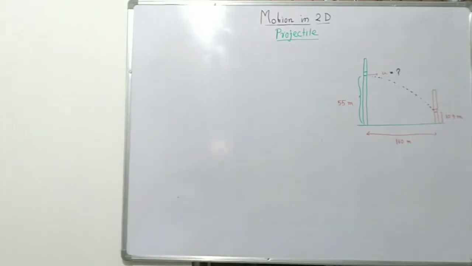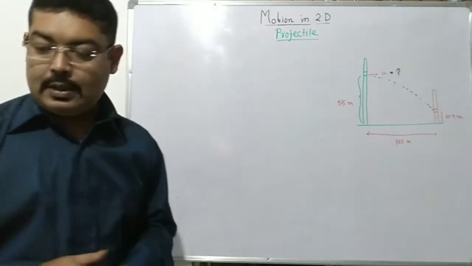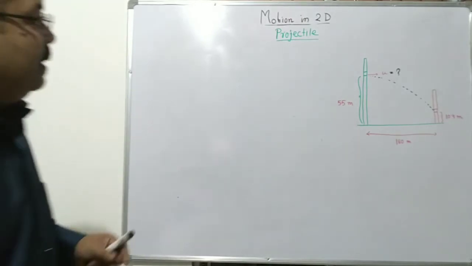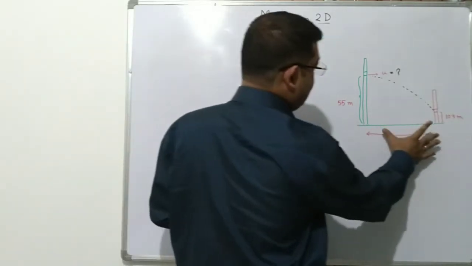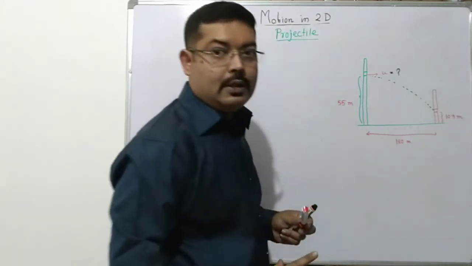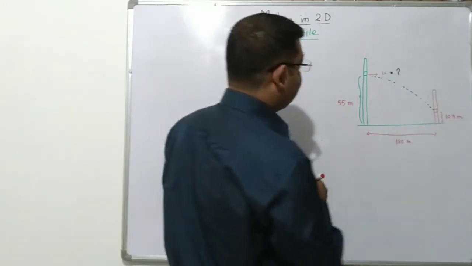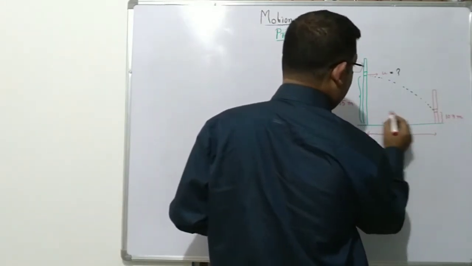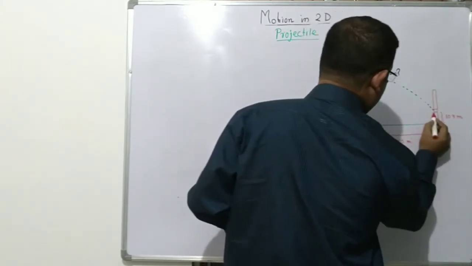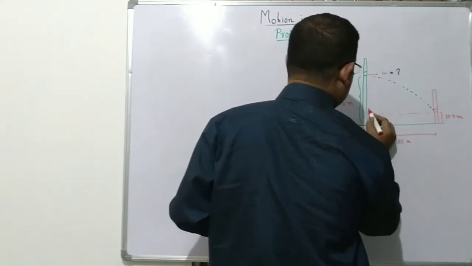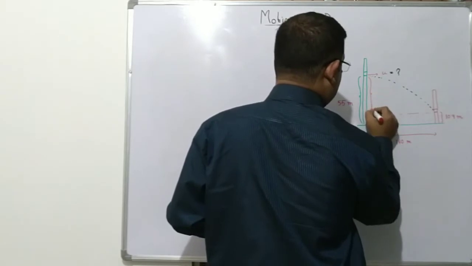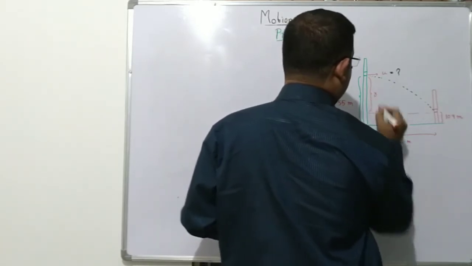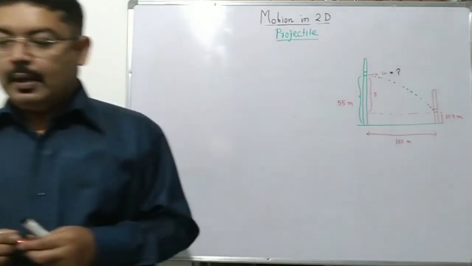To solve this, first we need to notice that the distance between the buildings is 180 meters, and there is also the difference of height between the two buildings, let's say y.